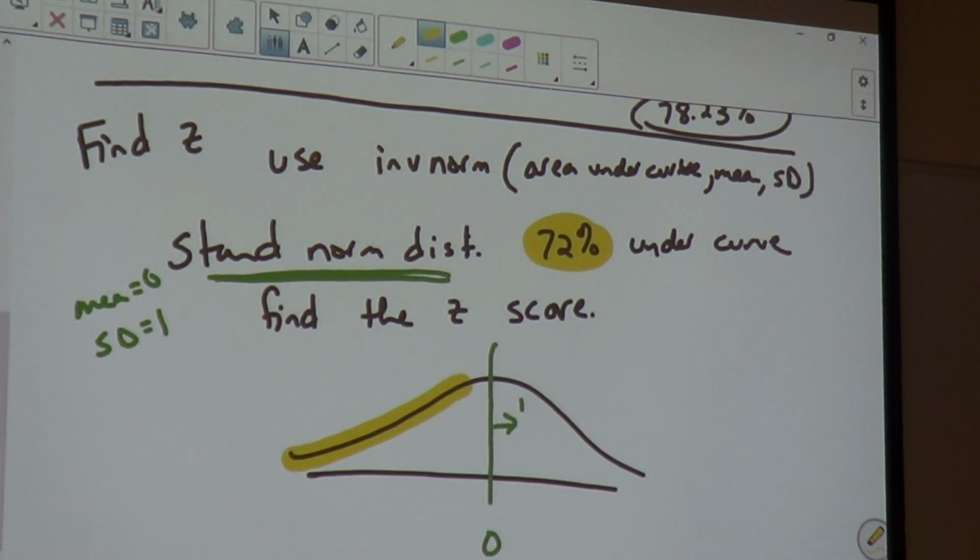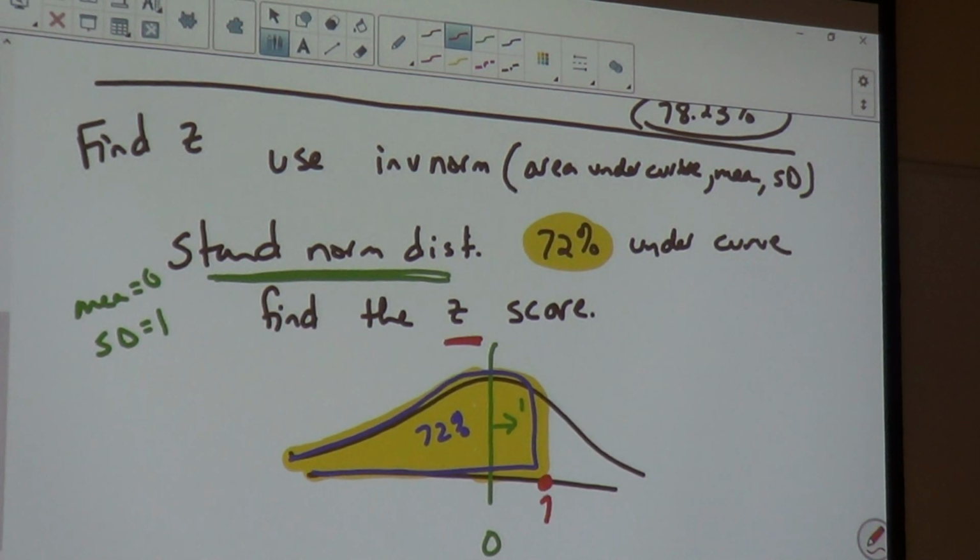So that means we're doing 50% and a little bit more. Y'all with me? So that whole part right there is 72%. We want to know what is my Z-score. So I'm trying to find out what is that. So it's like we're working backwards. We were given the percentage, we're trying to find the Z-score.